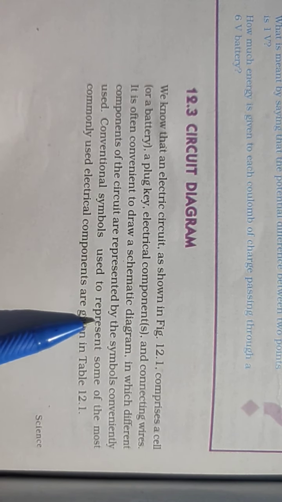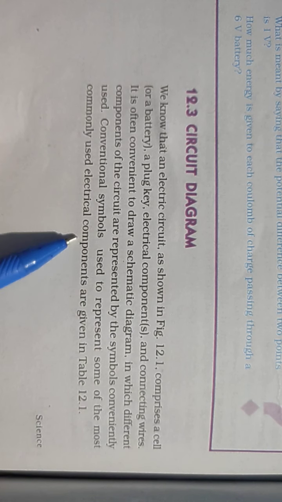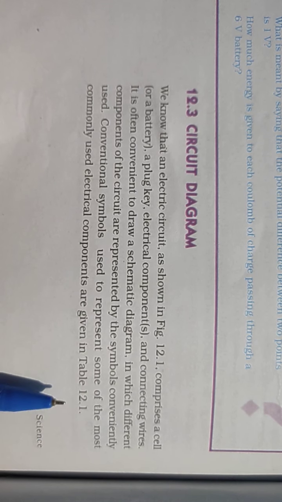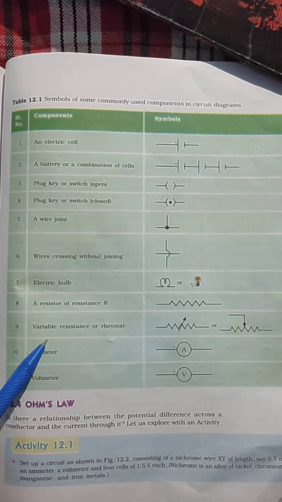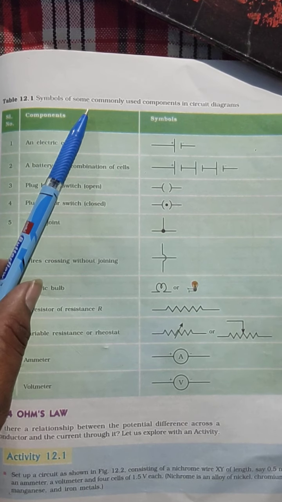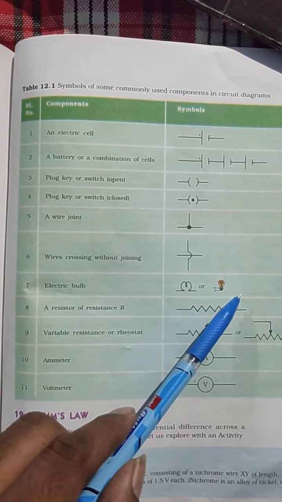Conventional symbols used to represent some of the most common electrical components are given in table 12.1. So student, this is a table of symbols of some commonly used components in circuit diagrams.